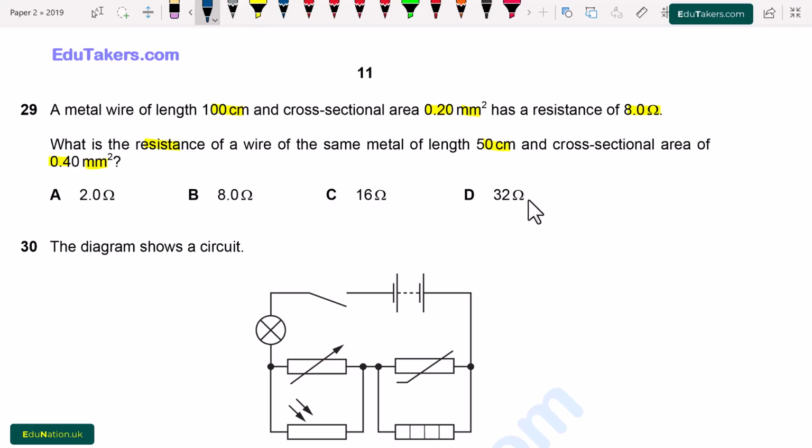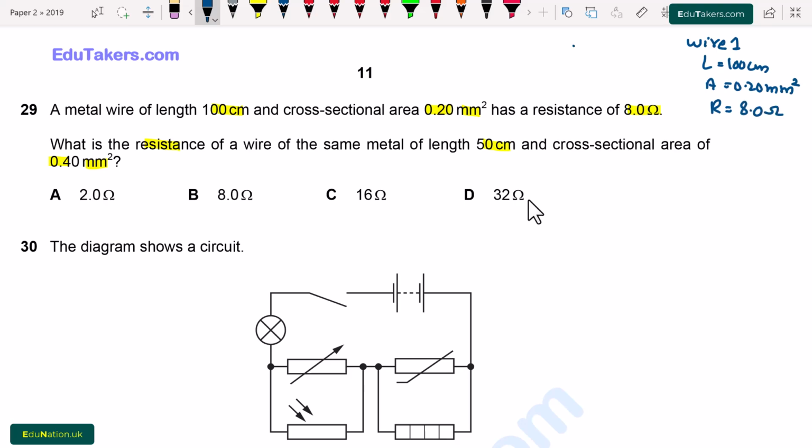The data for wire 1 I write here. Its length is 100 cm, area is 0.20 mm square, resistance is 8.0 ohm.